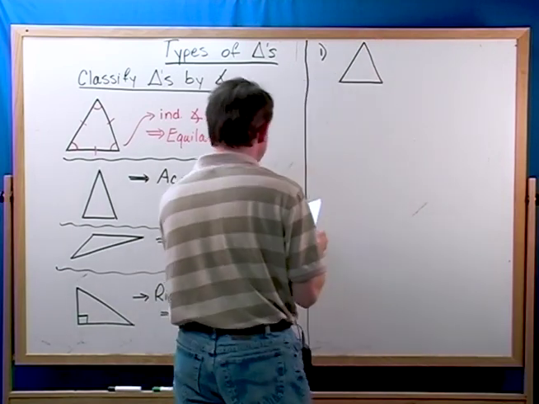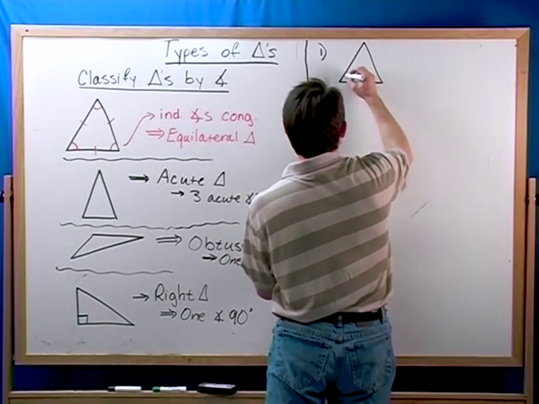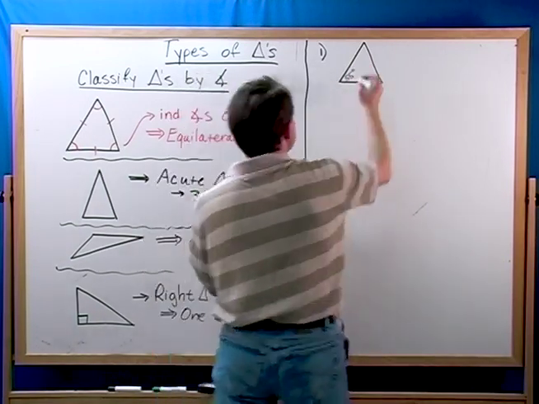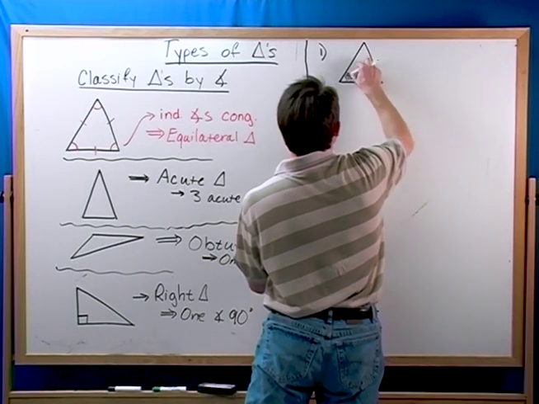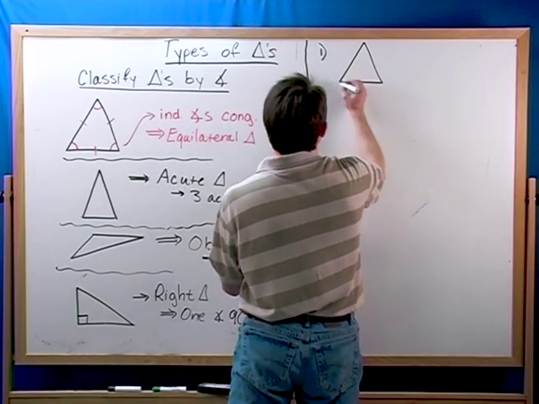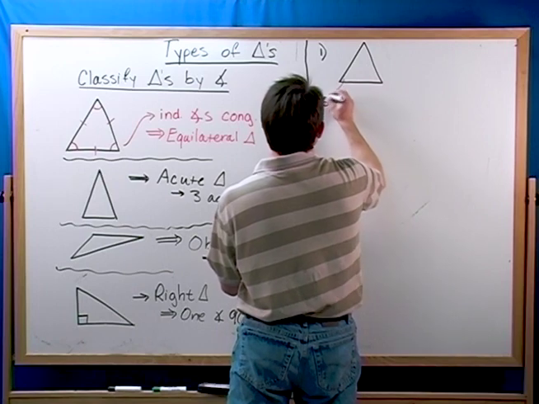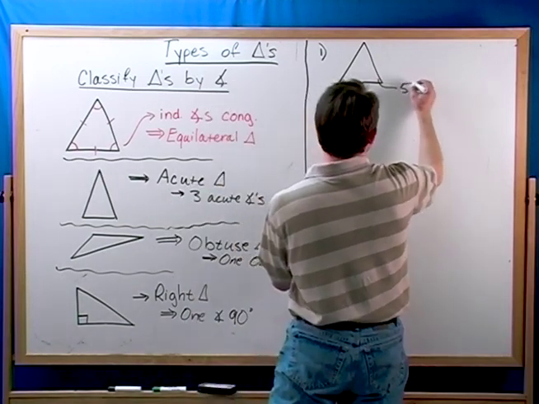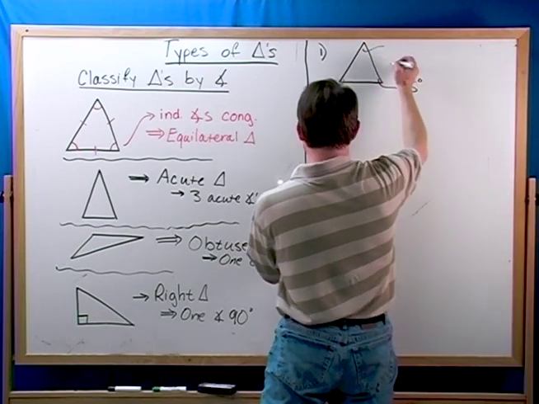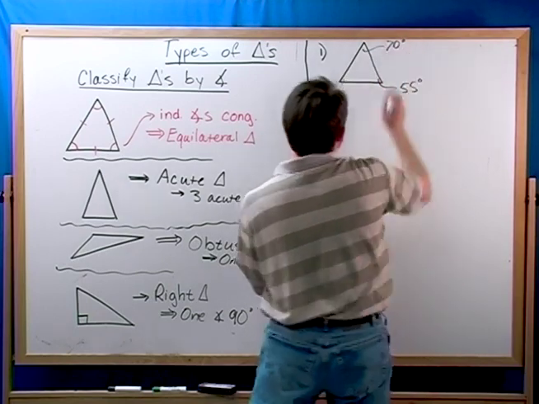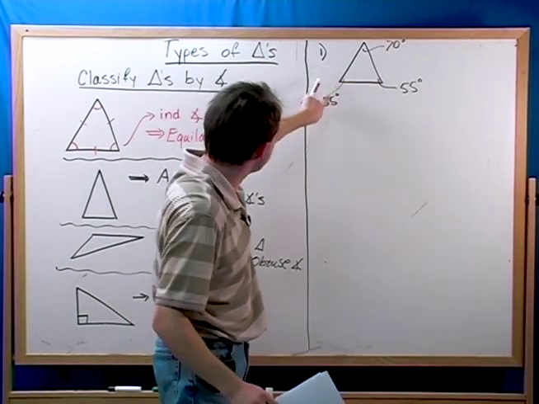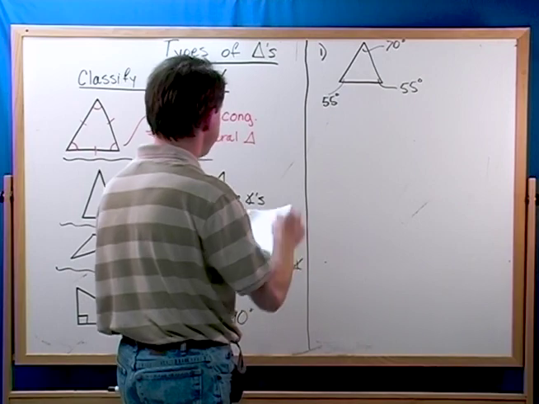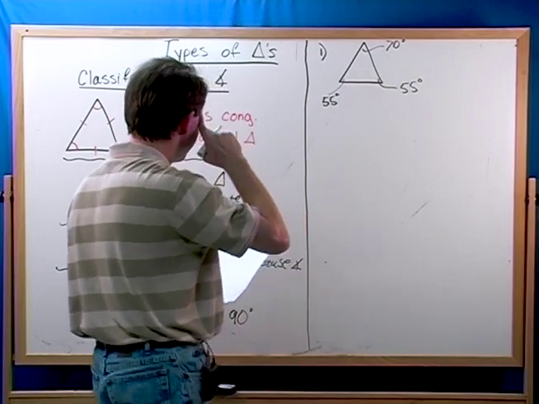The only thing that you're given in your problem is that this angle is 55 degrees, this angle is 55 degrees, and this angle is 70 degrees. They can use an arrow to show you this, or they can write the number right here in the corner telling you that. Okay, so what kind of triangle is this?